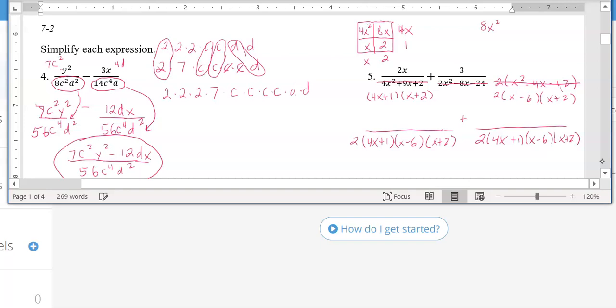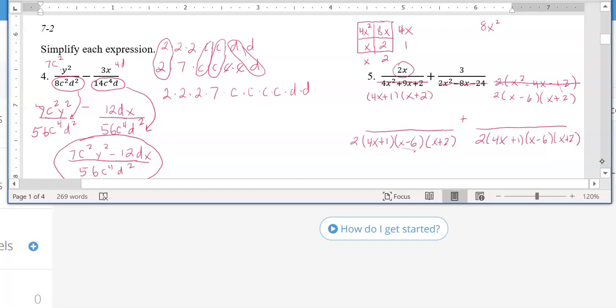And now I'm going to do that division process. So I'm going to divide. And basically you can look at it this way. Whatever doesn't match is going to multiply by 2x. Okay, so 4x plus 1 cancels. X plus 2 cancels. The parts that don't match, the factors that don't match, are 2 times x minus 6.